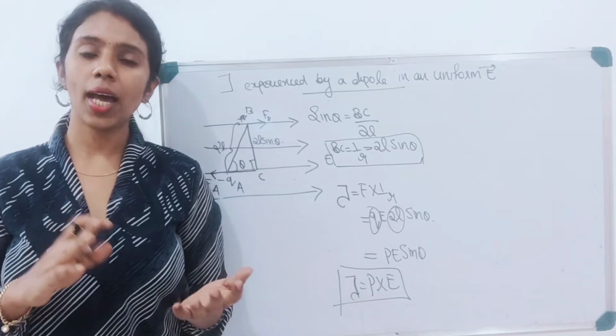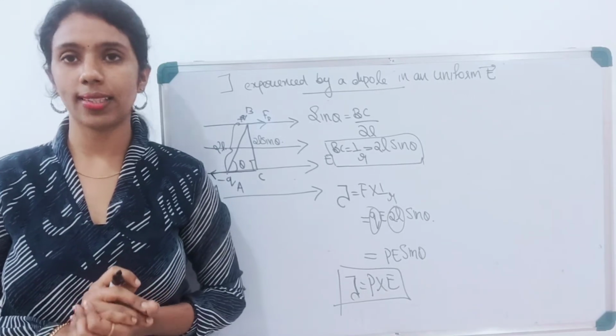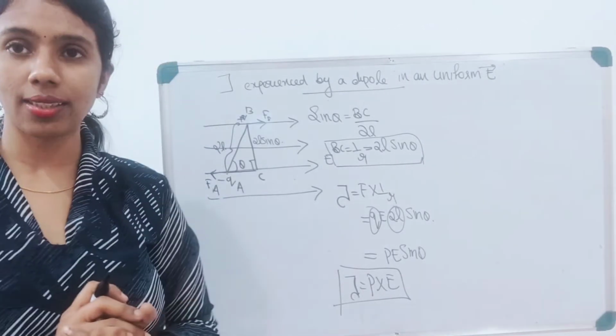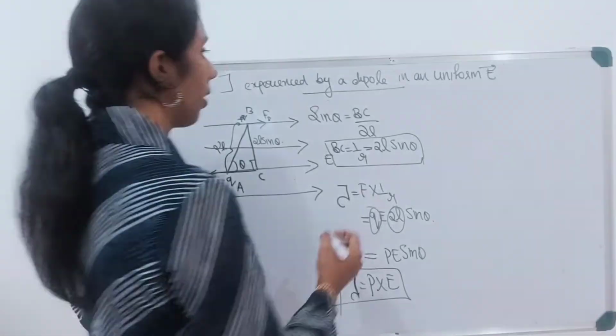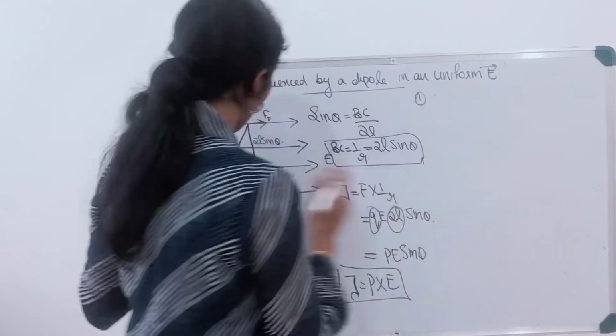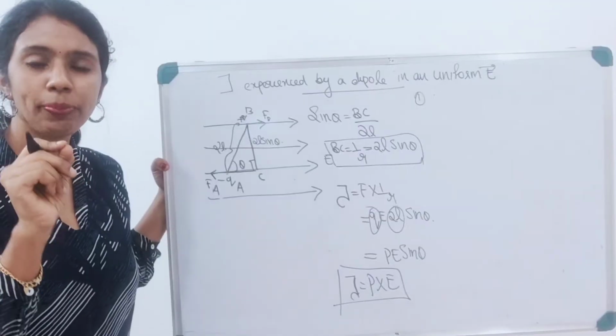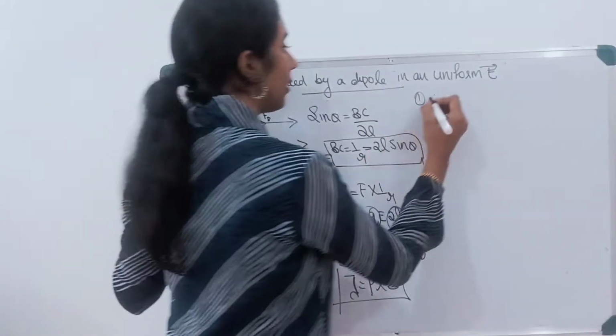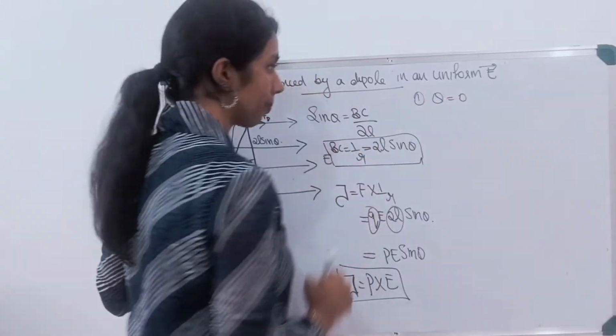Now comes the stable equilibrium and the unstable equilibrium, where you have to consider three cases. In the first case, let the dipole be parallel to the electric field. So if the dipole is parallel to the electric field, theta is equal to 0.